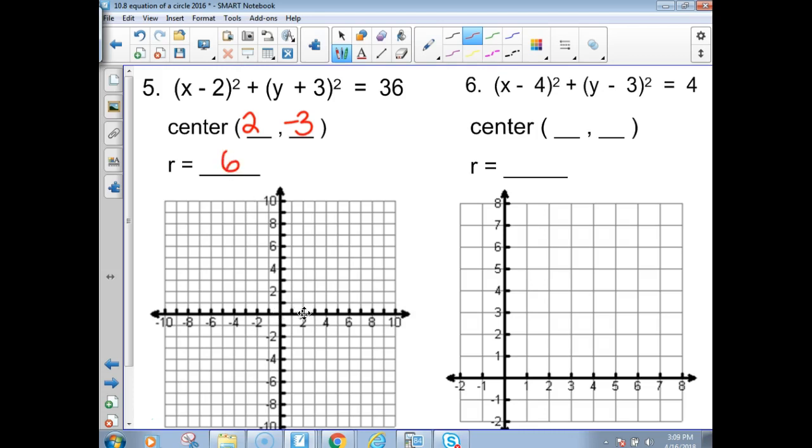Okay, so we're going to plot 2, -3, and then start counting 6 away. Get your circle. Just do the best you can, making it round. No boxes or diamonds or anything.